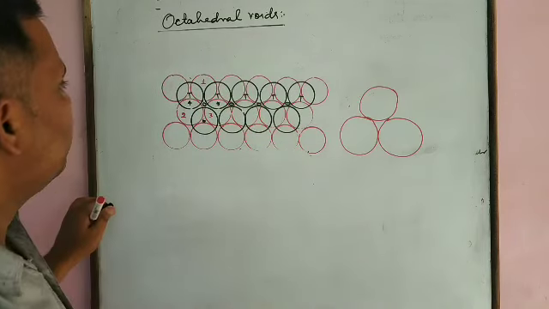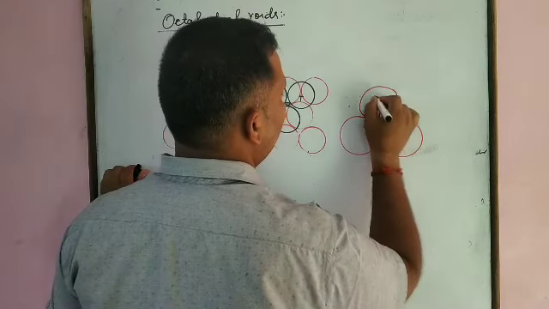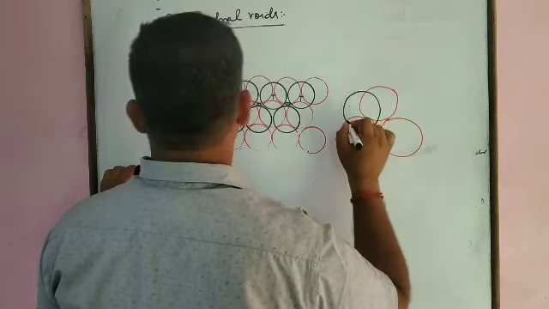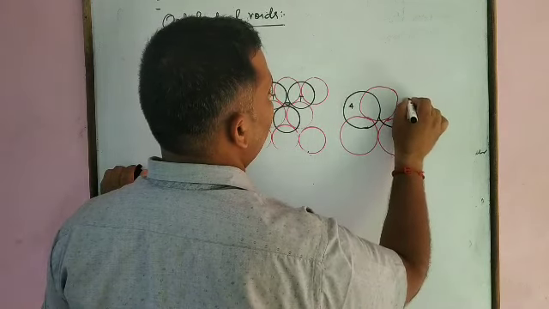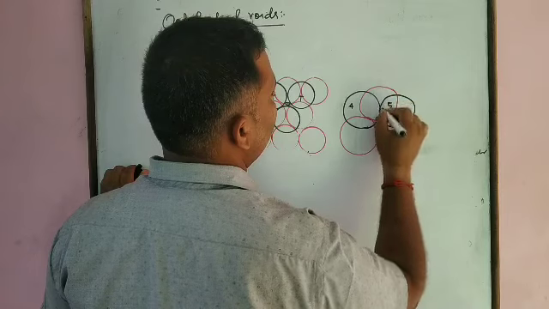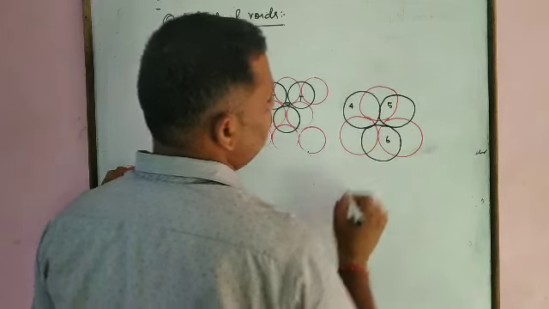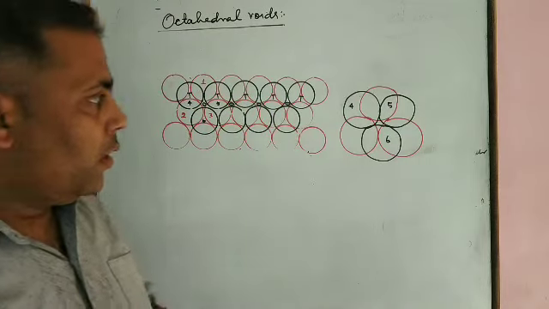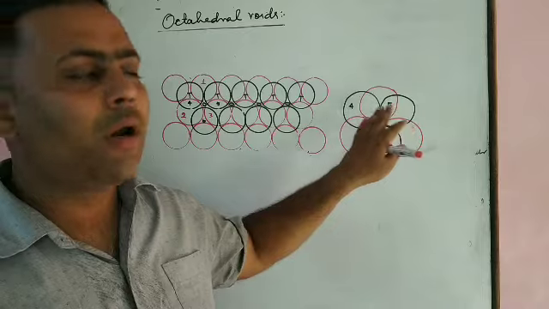Let us draw it. This one is 4, this one is 5, this one is 6. These black spheres are the spheres of the upper layer.